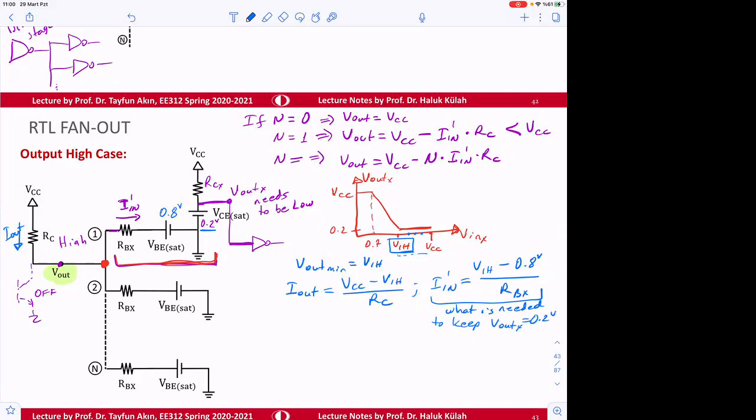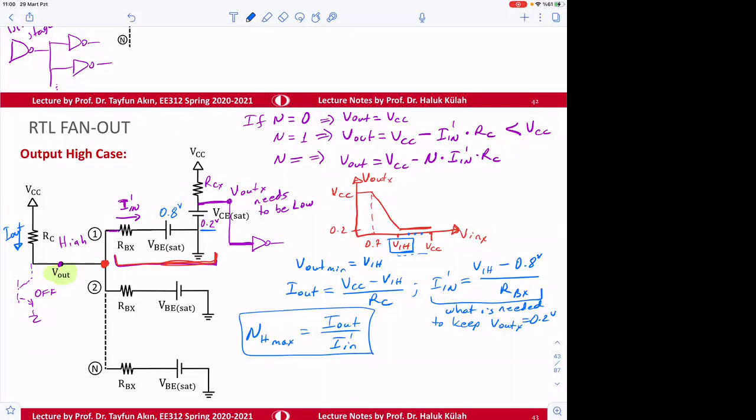That's the edge value. So therefore N high max is going to be I out divided by I in prime. Okay. So that's how we find the maximum number of gates.